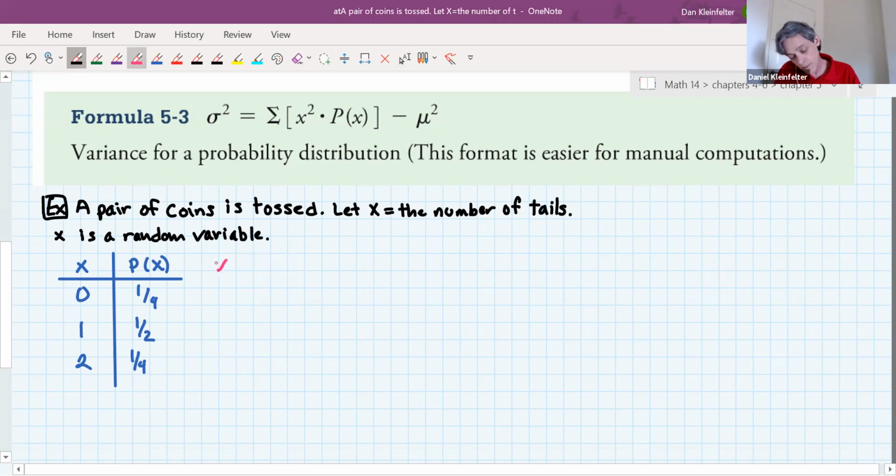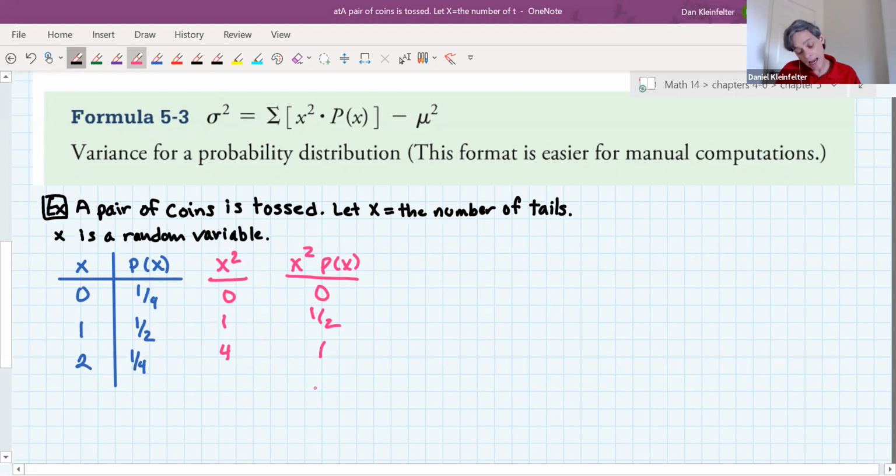So let me go ahead and make a column in my table for x squared. X squared 0, 1, and 4. Let me make a column for x squared p of x now. X squared p of x, that will be 0, and then 1/2, and then 1. I'm multiplying the x squared column by the p of x column.